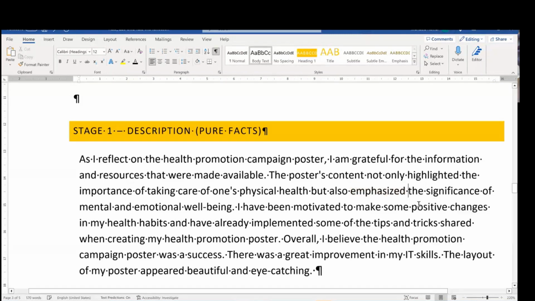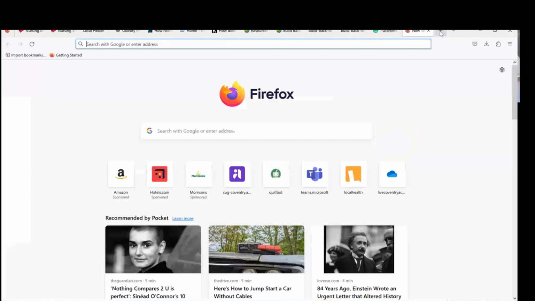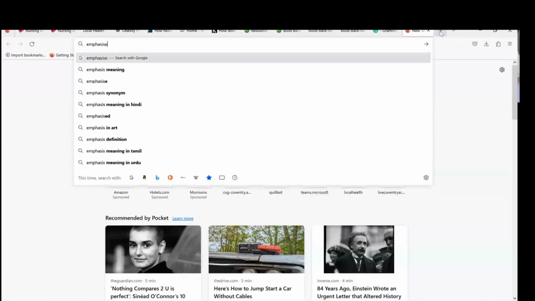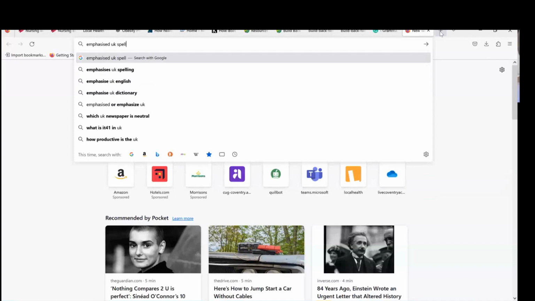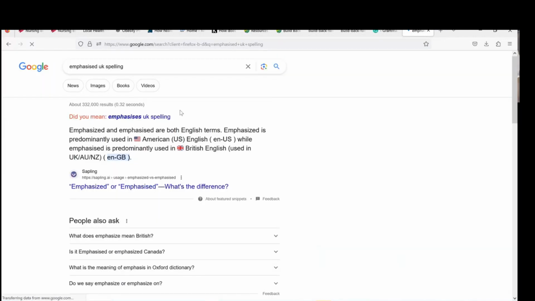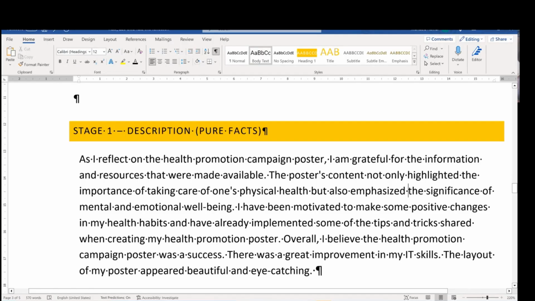And maybe that is actually right, but again, also here we can check. Emphasized UK spelling. If you're not sure, British English and emphasized are both English terms. Emphasized is an American and so on. So yes, it is correct, and it will highlight it.